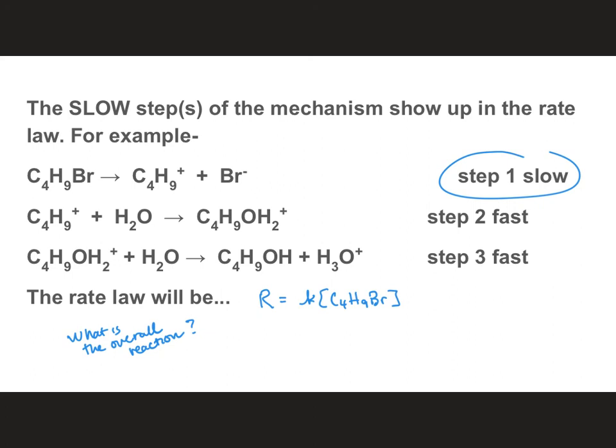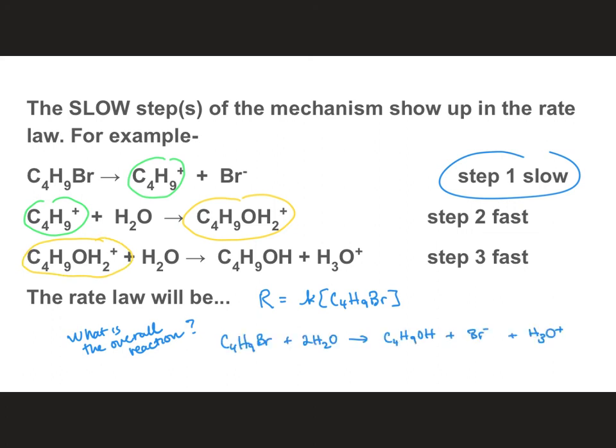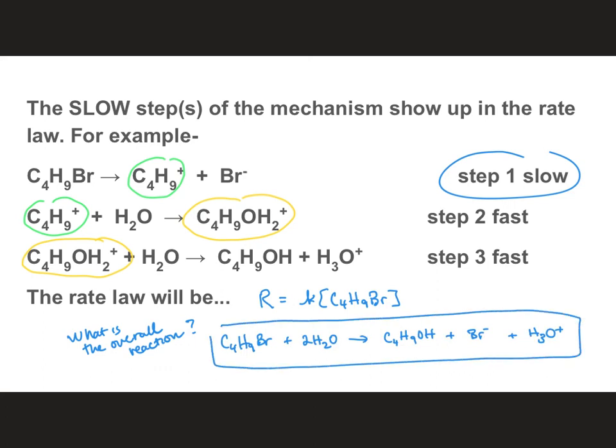I notice that an intermediate seems to be forming in the first step and being used in the second. I also notice another intermediate forming in the second step and being used in the third. And that results in the following overall process.